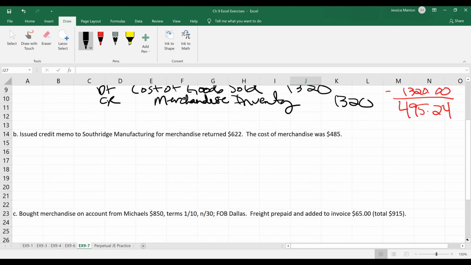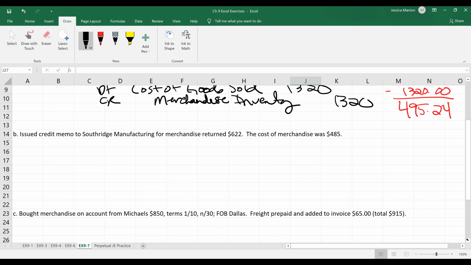Let's go to the next one here. Issued credit memo to Southridge Manufacturing for merchandise returned, $622. The cost of the merchandise was $485. So again, two entries. The first one is where we debit sales returns and allowances, credit accounts receivable. The second one is where we put it back into inventory, basically.